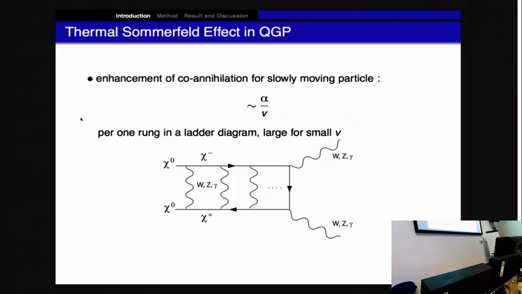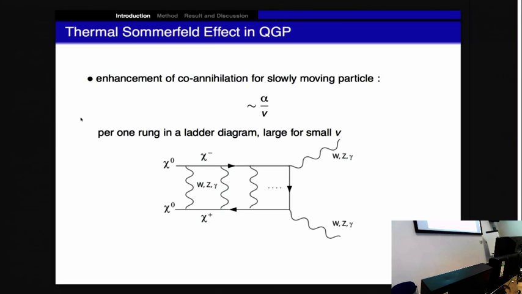And this problem happens in many different contexts. The other area of application is dark matter co-annihilations. That's the reason I showed these funny particles, which you don't see in QCD. They have some heavy dark matter, and they interact with gauge interactions in the electroweak sector, and they annihilate to something else.